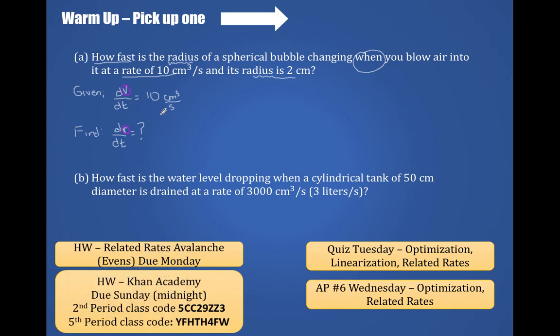So what equation can you write to relate the volume and radius of a sphere? The volume of a sphere, no calculus, is 4/3 pi r cubed.